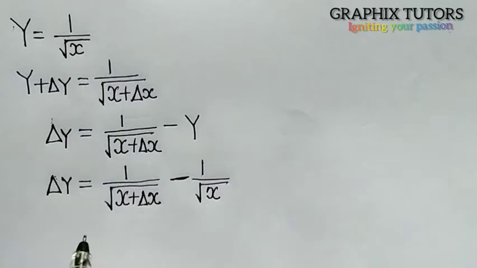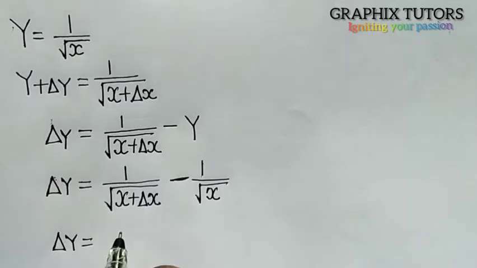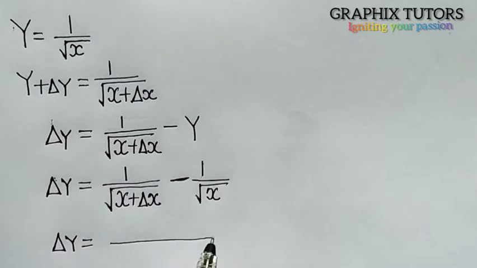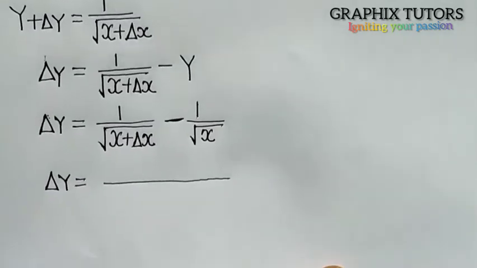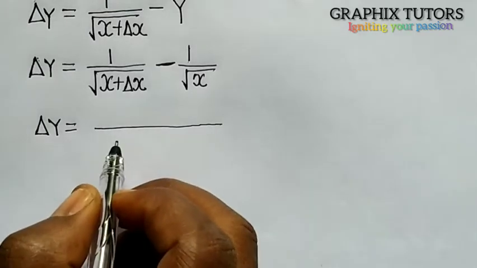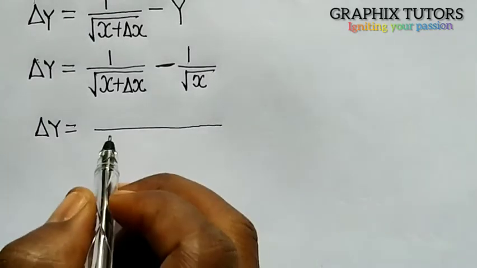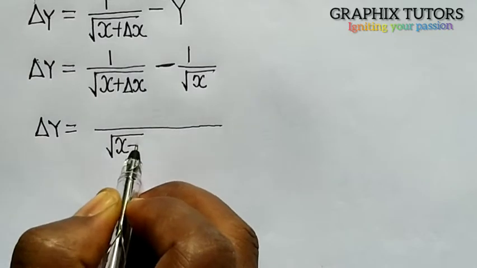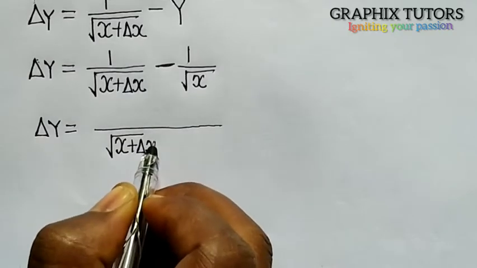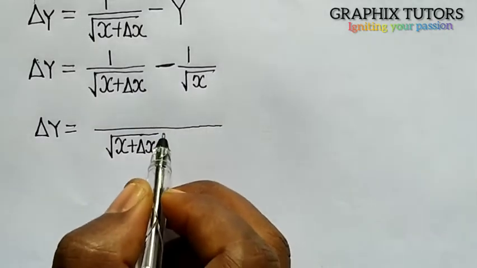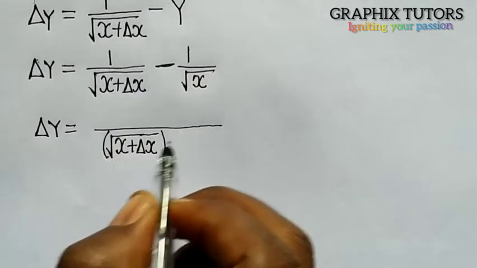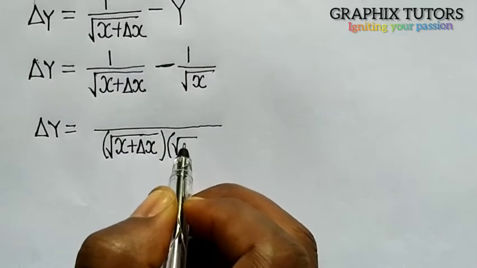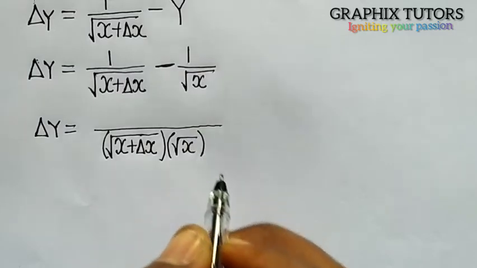So looking for the LCM, we say that my delta y is equal to the LCM of this will be square root of x plus delta x, then square root of what? Delta x. So this is the LCM of it.